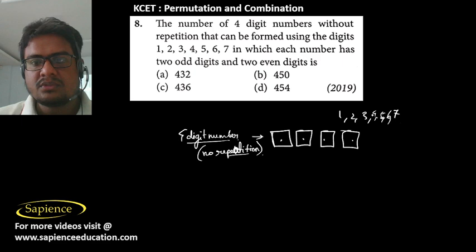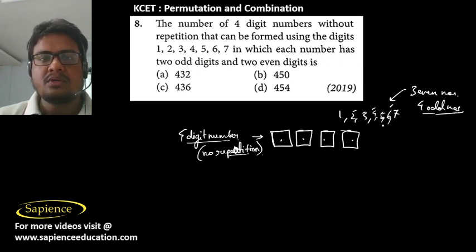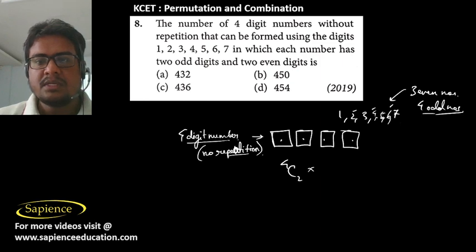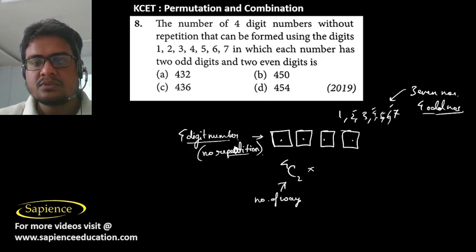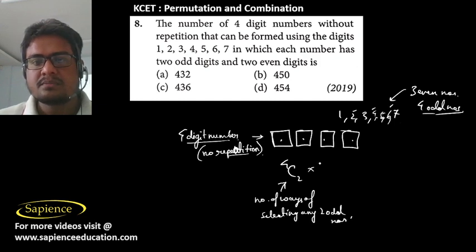So out of 1, 2, 3, 4, 5, 6, 7, 2, 4 and 6 are even numbers. So here we have 3 even numbers and 1, 3, 5 and 7, so 4 odd numbers. Out of these 4 odd numbers, I have to choose any two by 4C2 ways. 4C2 is the number of ways of selecting any two odd numbers out of the 4 odd numbers.